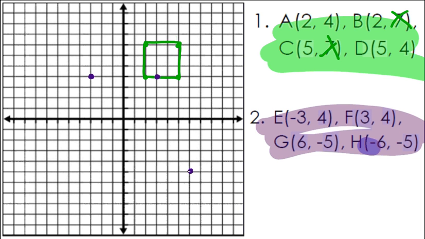And H is at -6, -5. So what shape do we make right there? Trapezoid. I don't connect the dots necessarily with the straightest lines up here, but yeah, still makes a trapezoid.